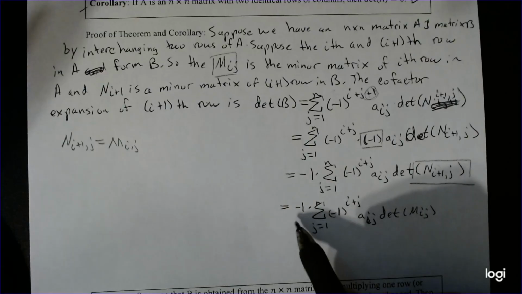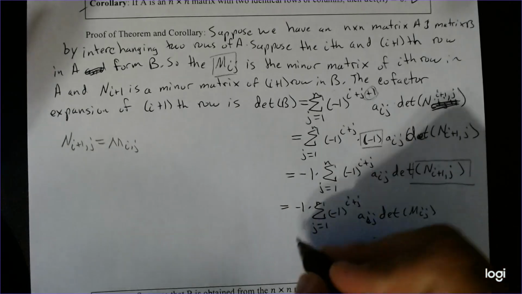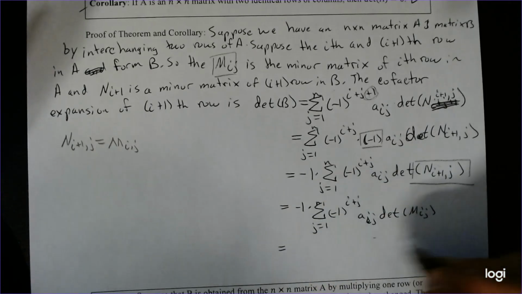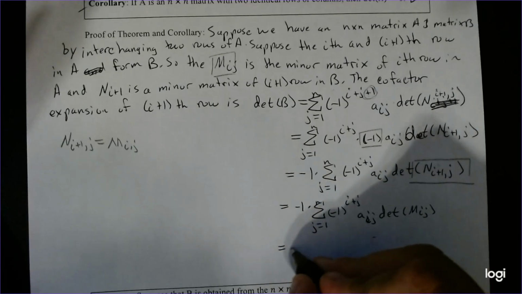And since this right here is the definition of a cofactor expansion of A, well, this just means this is the actual determinant of just A itself, or with a negative on the outside.